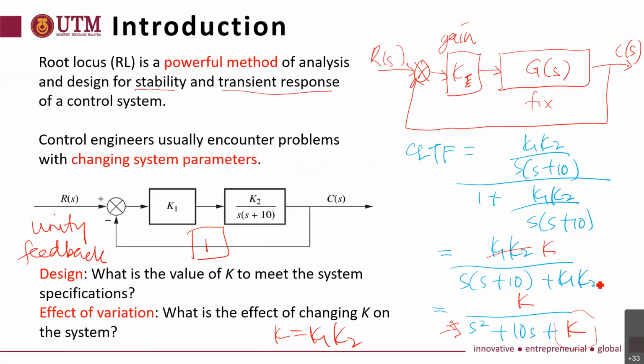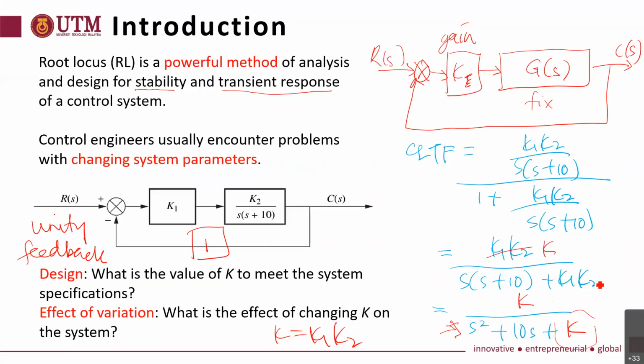As the value of K appears in the denominator, K affects the poles. Therefore, K will affect the performance of the system.